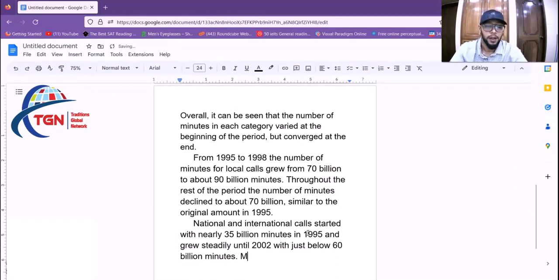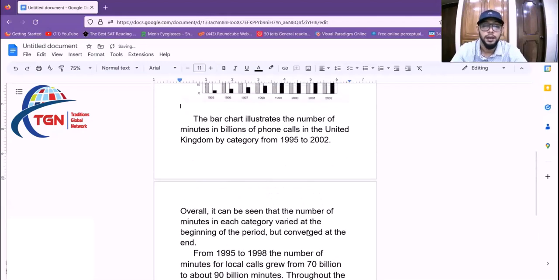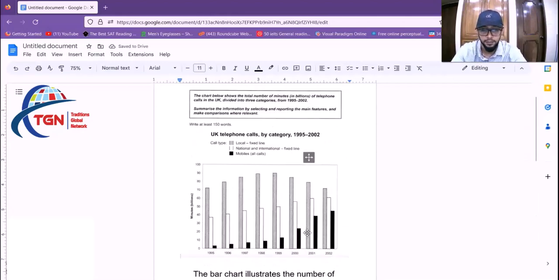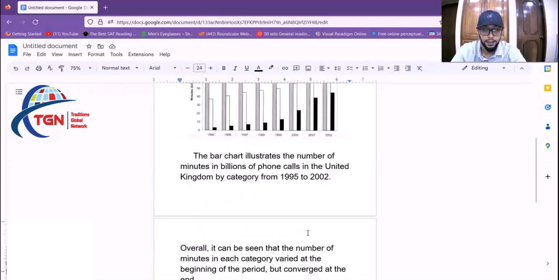So mobile calls began with less than 5 billion minutes in 1995 and remained relatively constant until 1998, right?